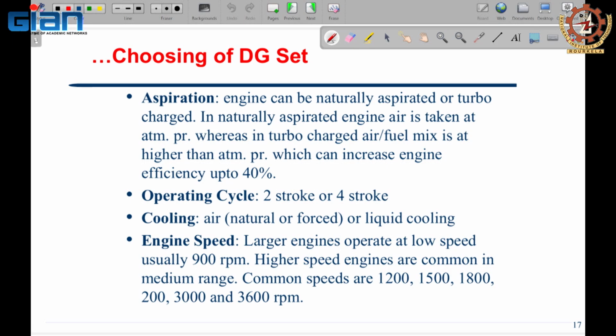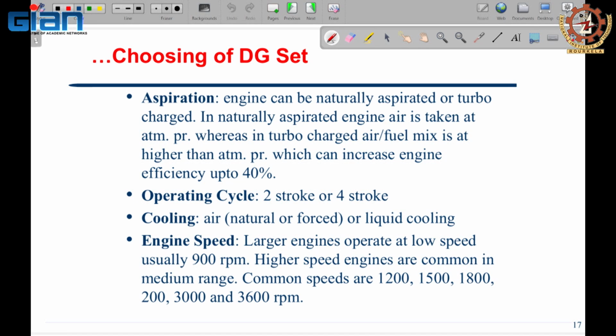So like this expansion or the useful stroke, and finally exhaust. If it is the four cycle, it will have suction, air is filled in the cylinder, then compression, then further expansion and exhaust. Okay. So four operations of the crankshaft.